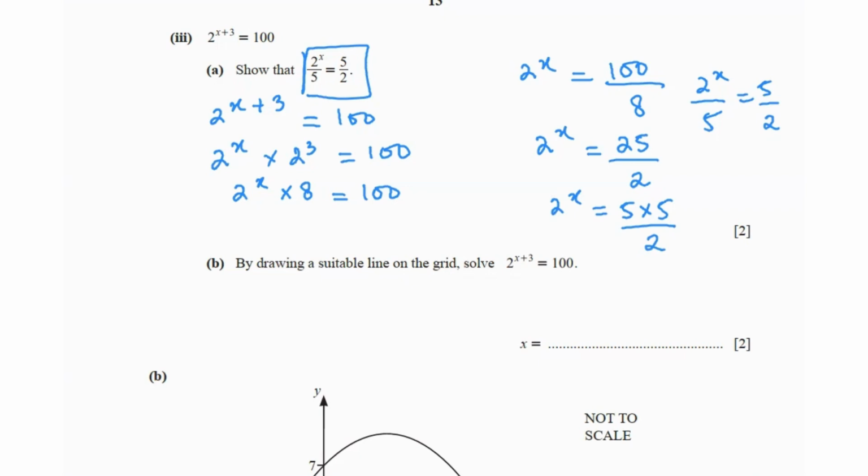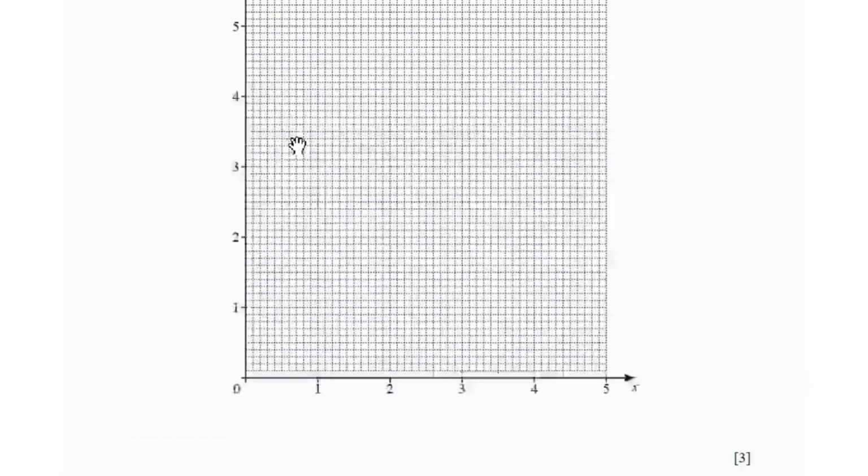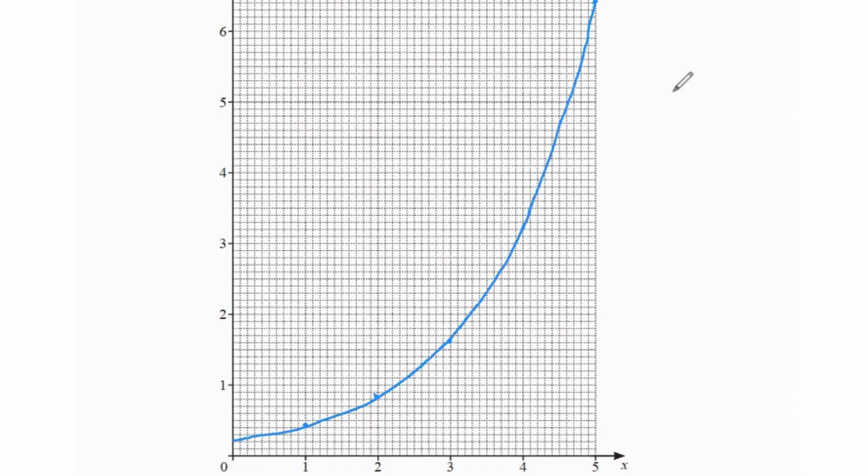So let's go back to our graph now. So we draw a line at y equals 5 over 2. So that's 2.5. So that's going to be over here.